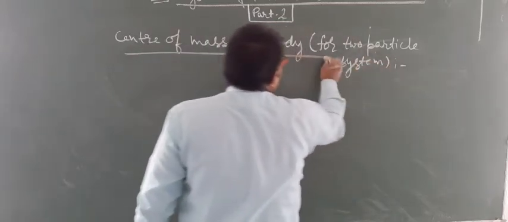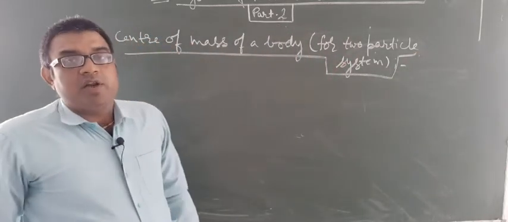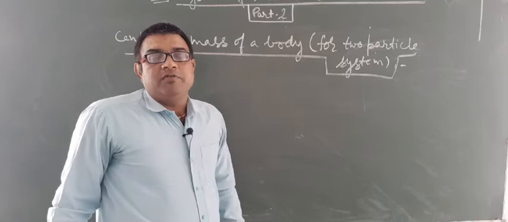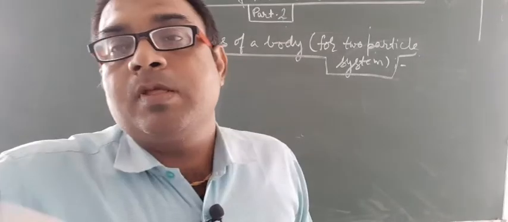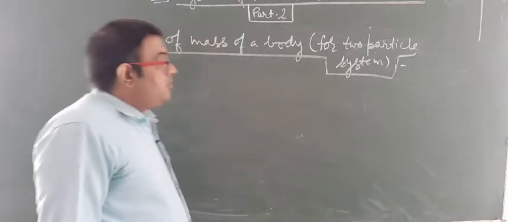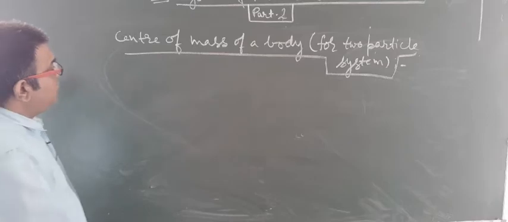Now we are going to calculate the center of mass of the body for a two particle system. So dear students, for a two particle system we have to calculate the center of mass, and look here.